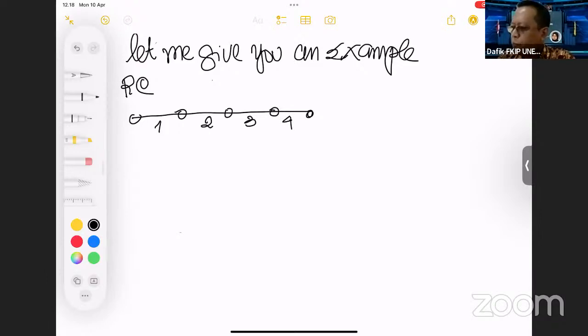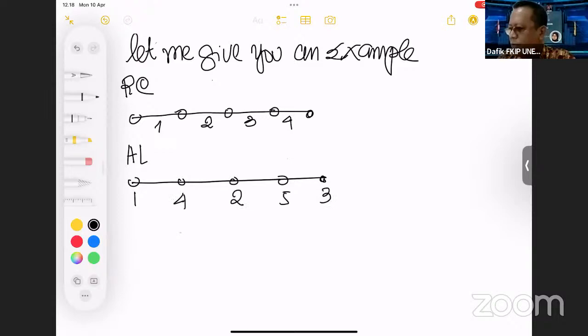But for antimagic labeling, we assign labels on each vertex. For example, 2, 3, 4, 5. Look here, we have 5, 6, 7, 8. That's antimagic labeling.